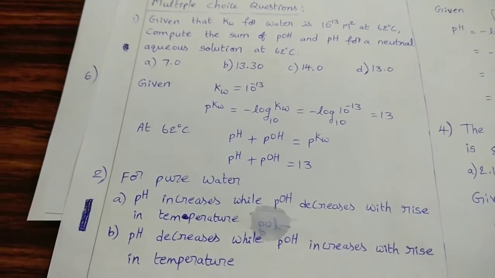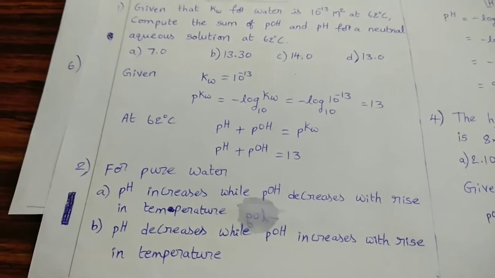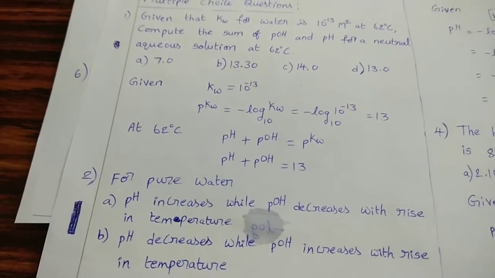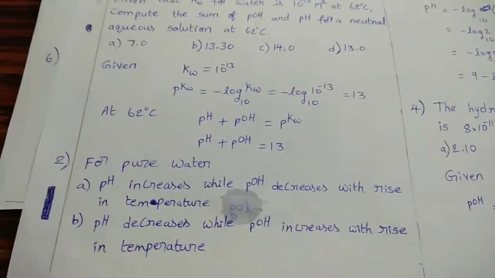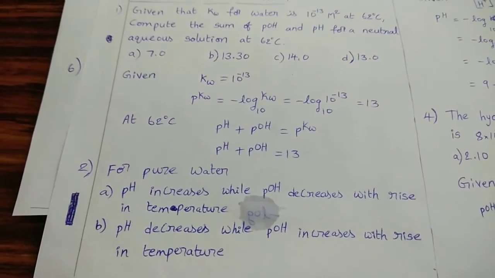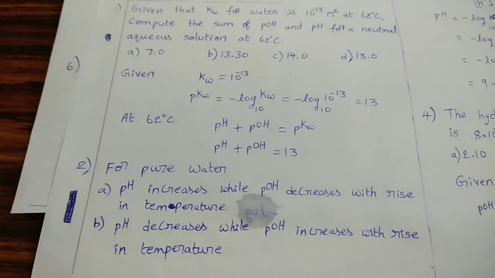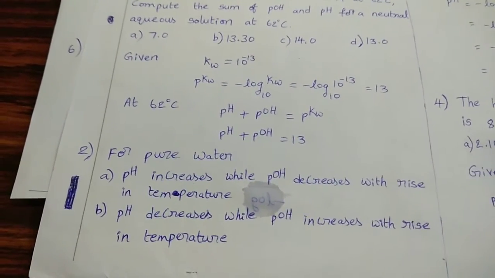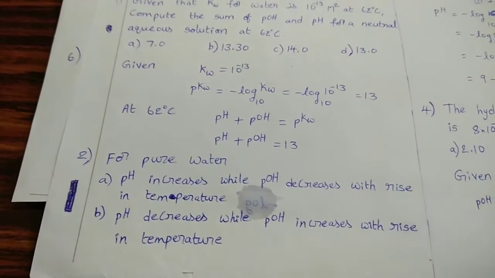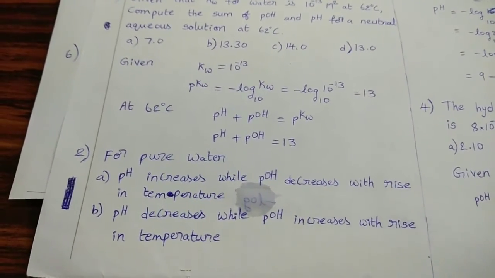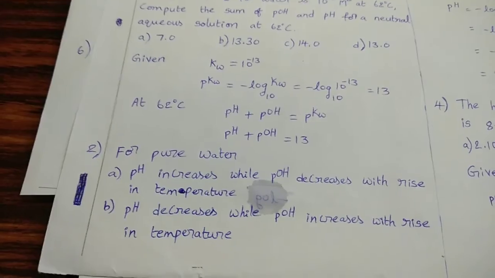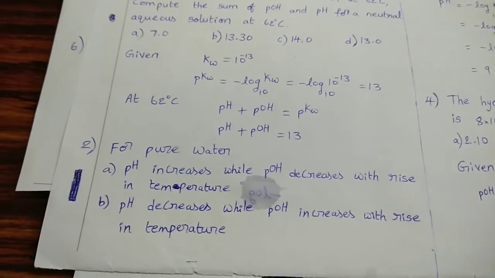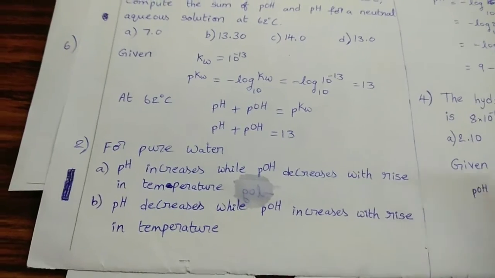That means more number of water molecules undergo ionization, then more number of H plus ion and OH minus ions are increased. Here relation between H plus ion and pH is inversely related. So with the rise of temperature for pure water, both H plus ion concentration and OH minus ion concentration is increased. That means related pH and pOH values are decreased.